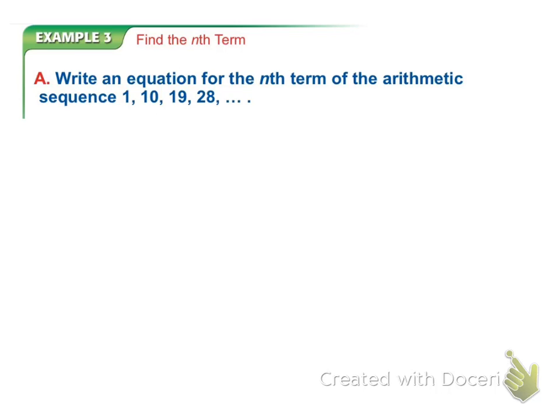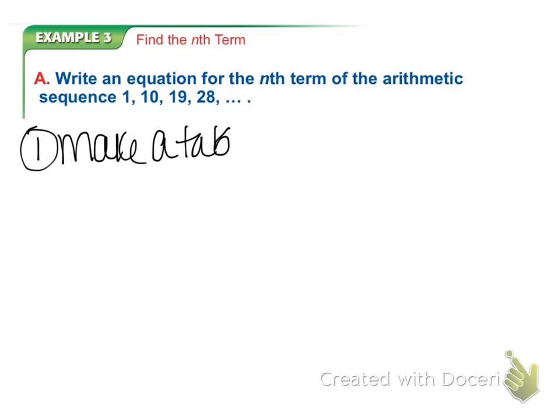So I'm going to write down the steps. What you want to do first is make a table out of it. Whenever you have a number sequence, that is always the output of an input-output table. Second, we are going to find the pattern.